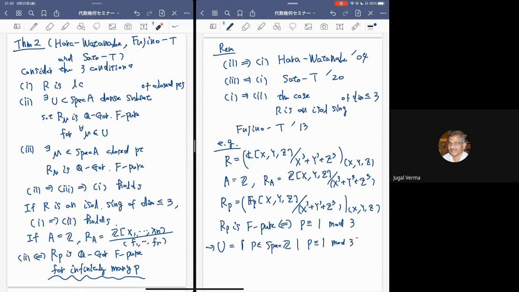This is due to Fedder's criterion. So our set U is the set of primes P congruent to 1 modulo 3. This is, of course, a dense subset, but it's not open. So in Theorem 2, U cannot be open. This is a difference between the KLT case and the log canonical case.